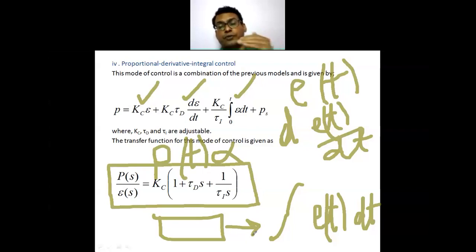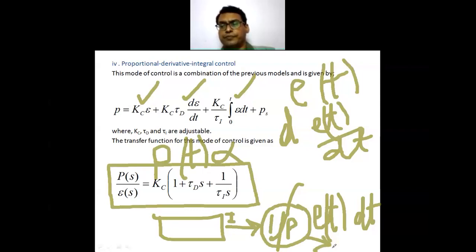The current from the controller goes to the I to P converter, and the output of this I to P is your pressure. So this is related to the electronic controller.